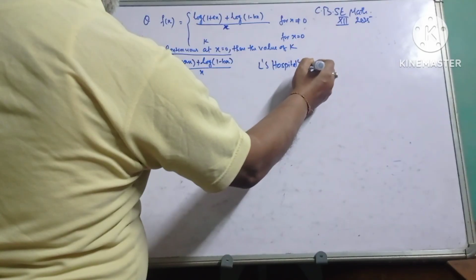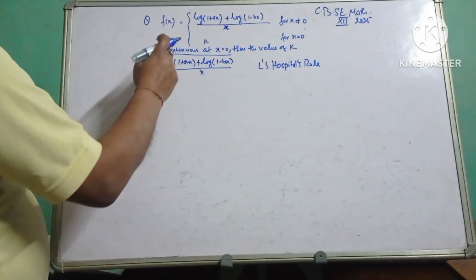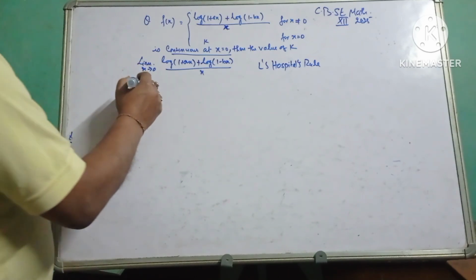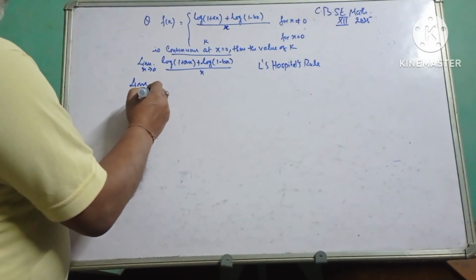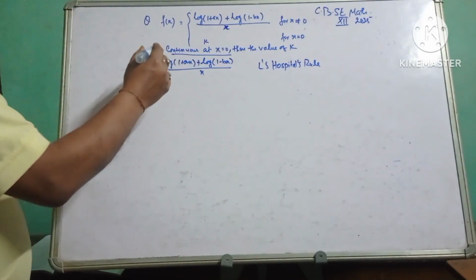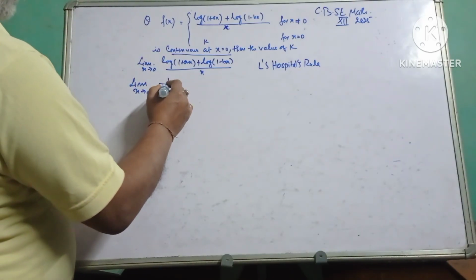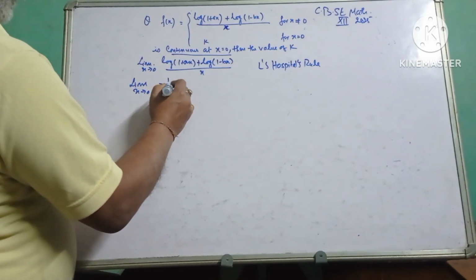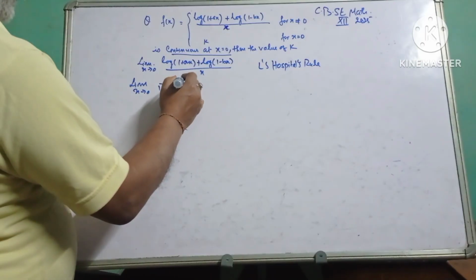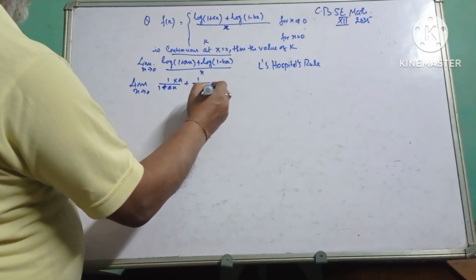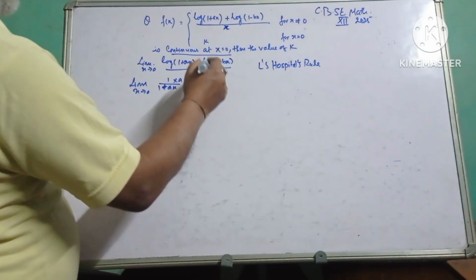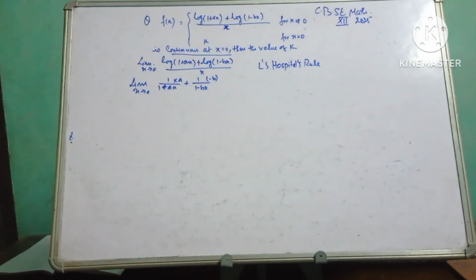I am taking the easiest method, that is L'Hospital's rule. So here I differentiate the numerator and the denominator. Let us see what is the result. As x tends to 0, when we differentiate it, this will be 1 by (1 plus ax) into a, plus 1 by (1 minus bx) into minus b, because here this will be chain rule.